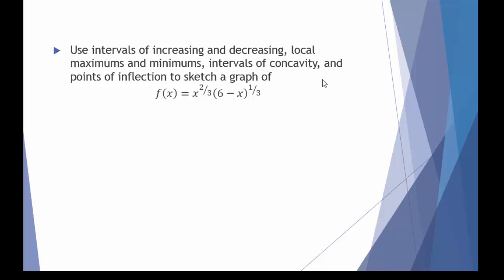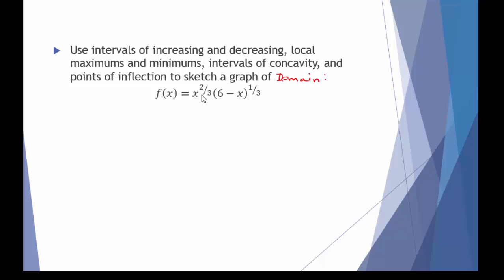Before we actually do the graph, I just want to make a quick note of something. It's not technically a part of the problem at this point, but let's talk about the domain of this function, because it's going to come into play. If you look at the domain of each of these individually, this is x to the 2/3. Keep in mind that is the cube root of x squared.